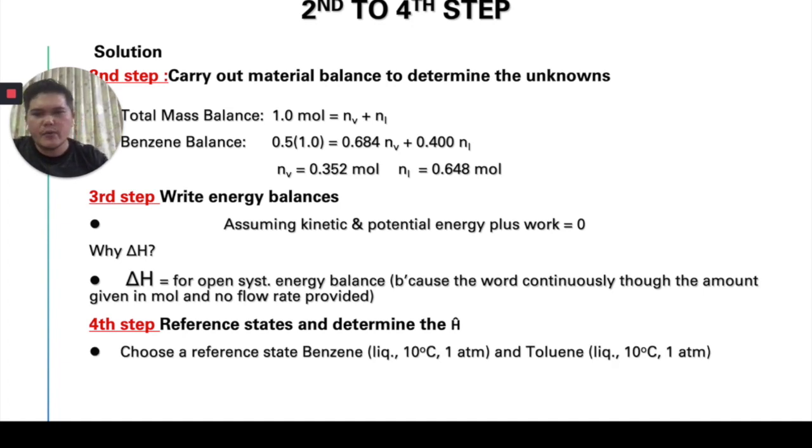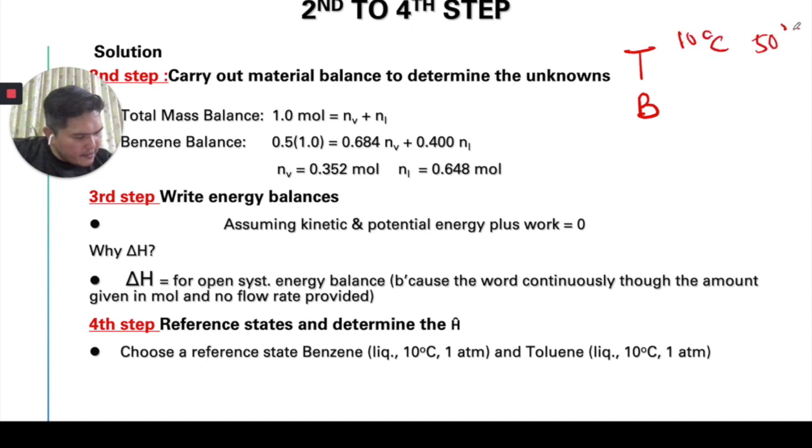In this case, we can choose a reference state because we have two components, toluene and benzene. For each, we have two states: one at 10 degrees Celsius and another at 50 degrees Celsius. At 50 degrees Celsius we have either liquid or vapor, and at 10 degrees Celsius it is liquid.